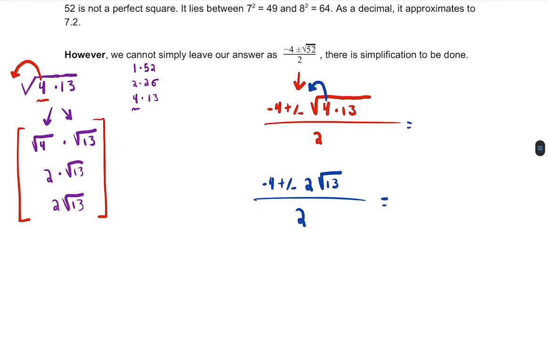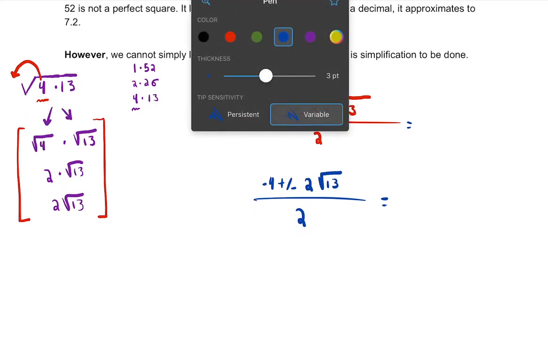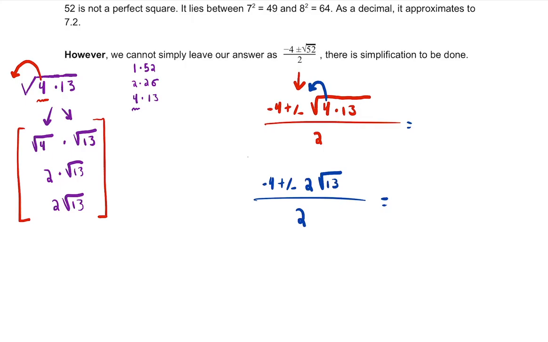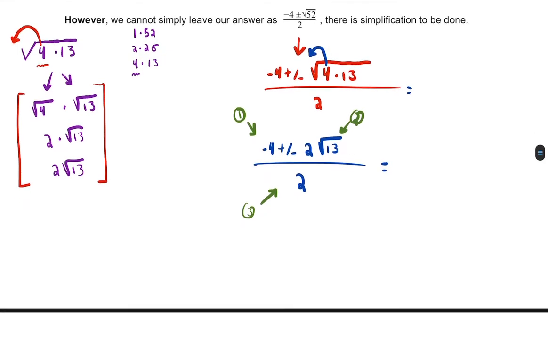And another reason we have to do this is that this wasn't fully simplified, because now, as you can see, we've got 3 discrete terms. We've got the negative 4, we've got the 2 root 13, and we've got the 2. And when all 3 of those things have a common factor, in this case, they can all be divided by 2, we want to do that.